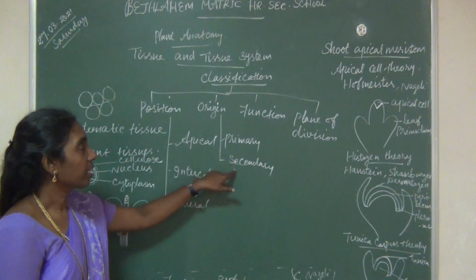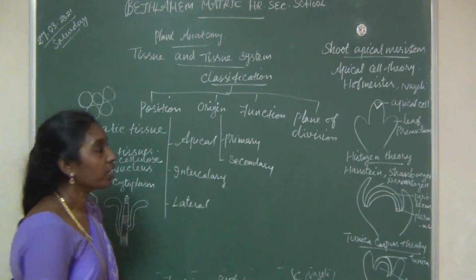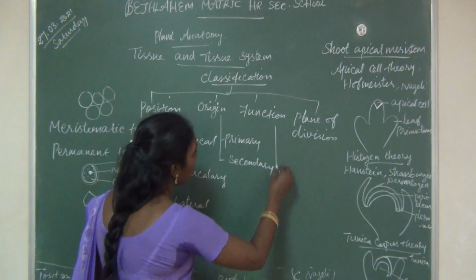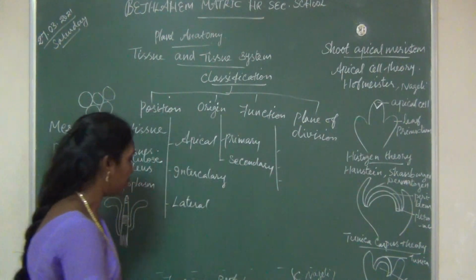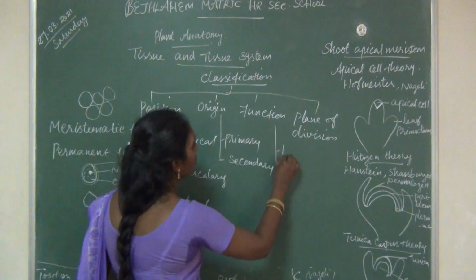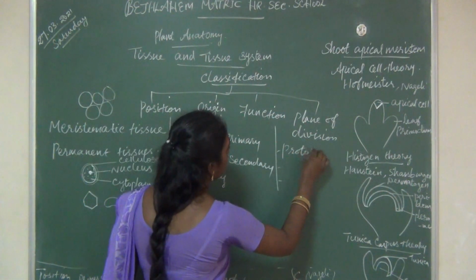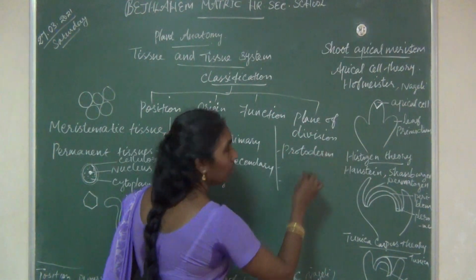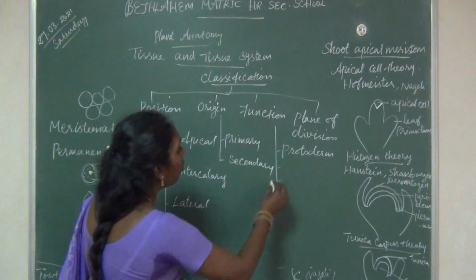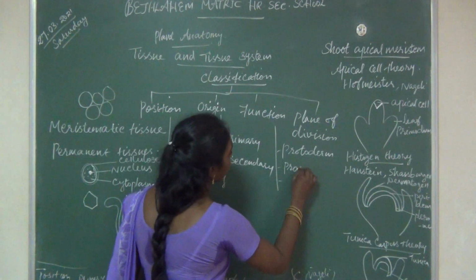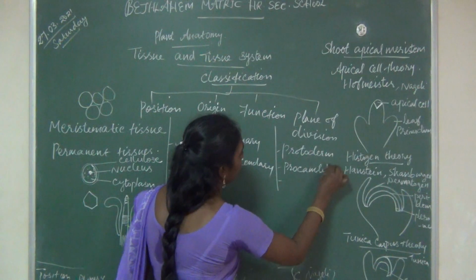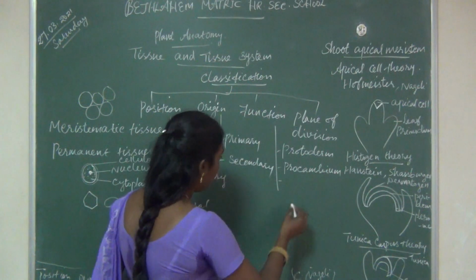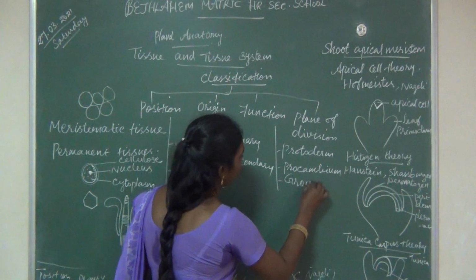Cambium gives secondary meristem. Then based on the function, there are three different types of tissues: protoderm, procambium and the ground meristem.